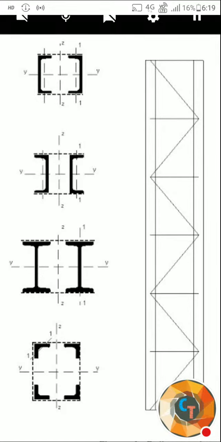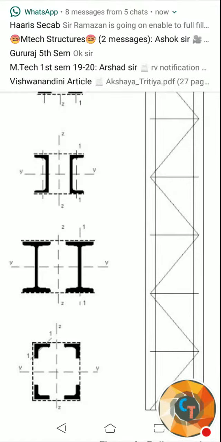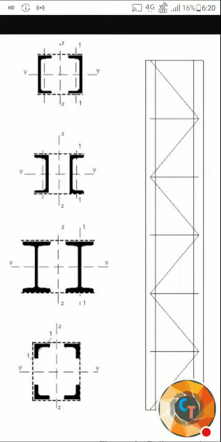So in that case, on what basis will you find out the zone of sand? Anybody know? On what basis will you know the zone of sand? Anybody know?